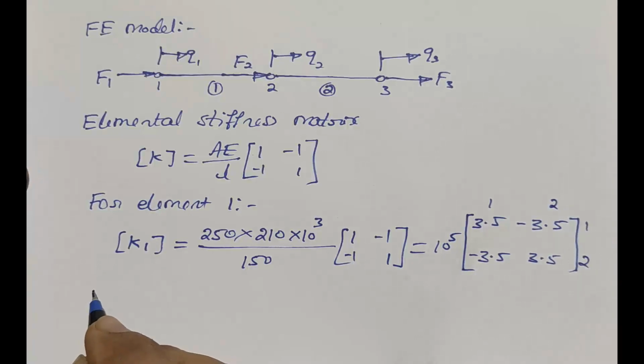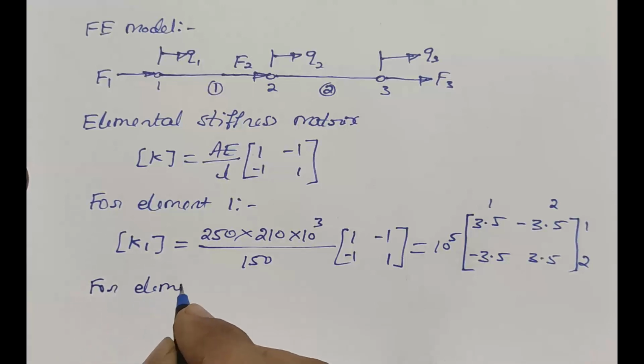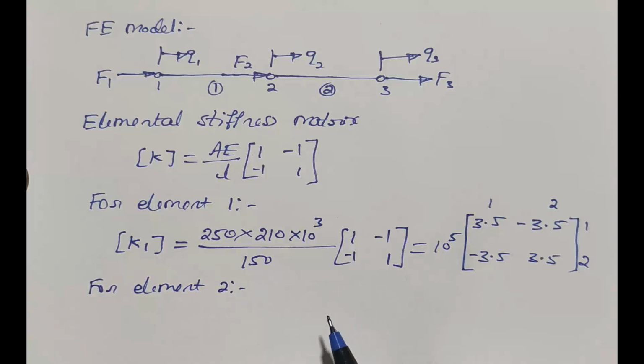Next for element 2, see here for the element 2 also you will get the same elemental stiffness matrix, because area is also 250 mm square, Young's modulus is also 210 GPa and length is also 150 mm.